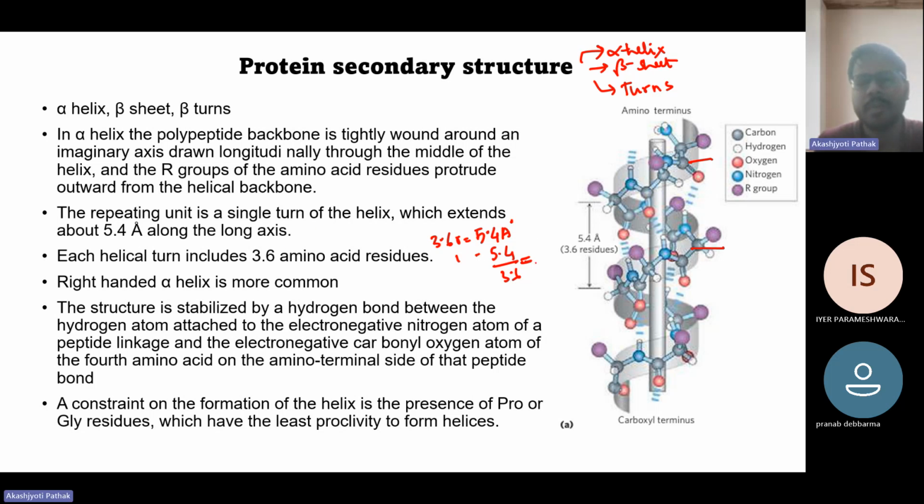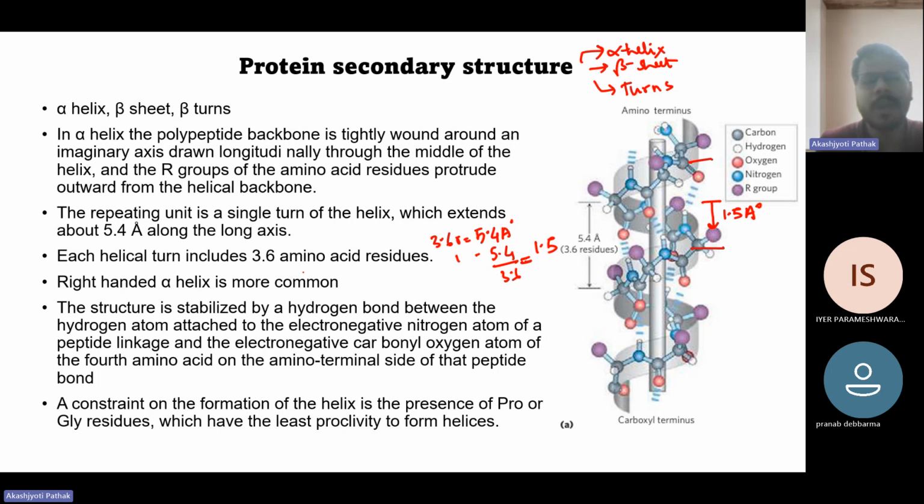It will be around 1.5, right? So the distance between two amino acids is 1.5 angstrom. There are 3.6 amino acid residues, so it is 5.4 angstrom.